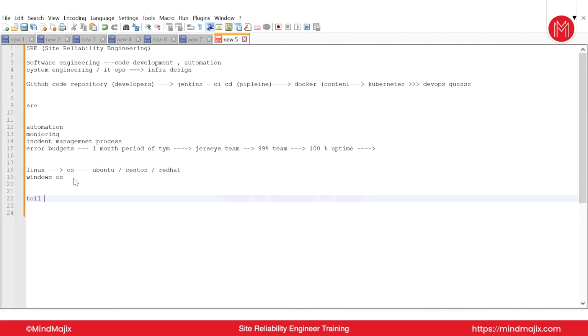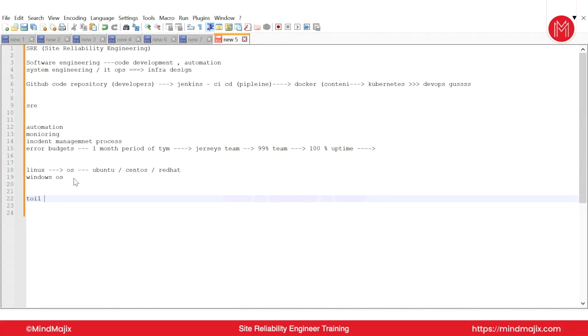By reducing the toil, we will be increasing the scalability. How do we reduce the toil? Either we create automations, or configure new alerts, thereby reducing the manual work. Toil is nothing but manual operational work.